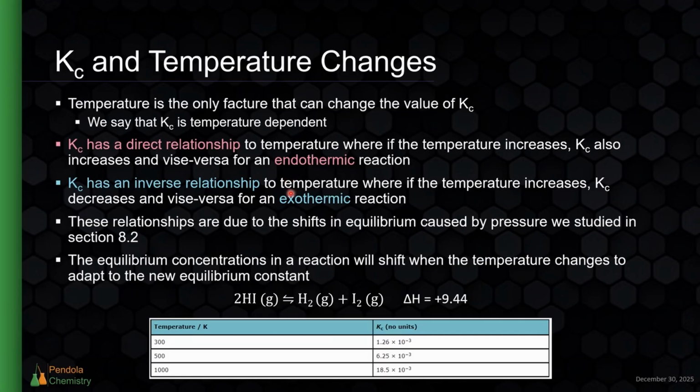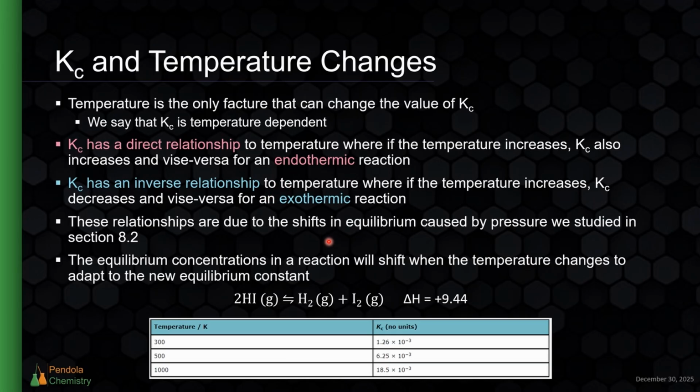In an exothermic reaction, when we increase temperature, Kc decreases. When we decrease temperature, Kc increases. They have an inverse relationship. So depending on whether the reaction is endothermic or exothermic, Kc is going to have a direct relationship with temperature in an endothermic reaction, and an inverse relationship with temperature in an exothermic reaction.